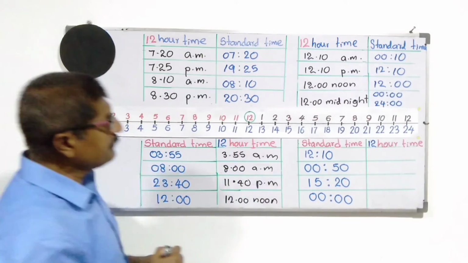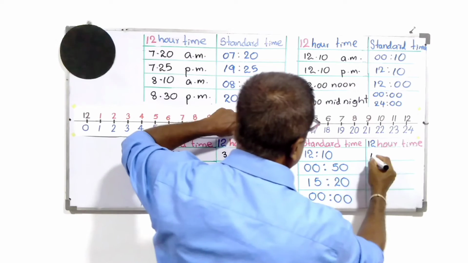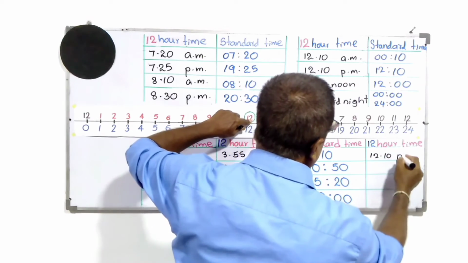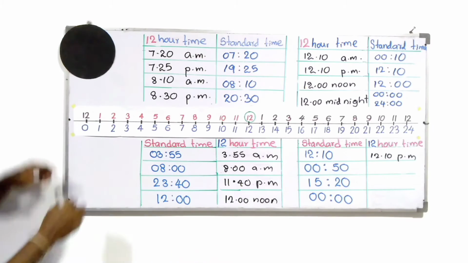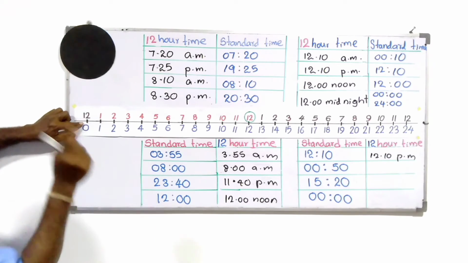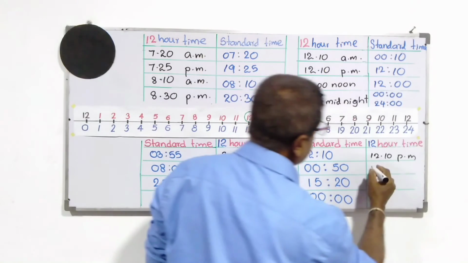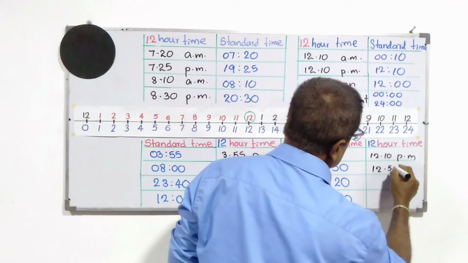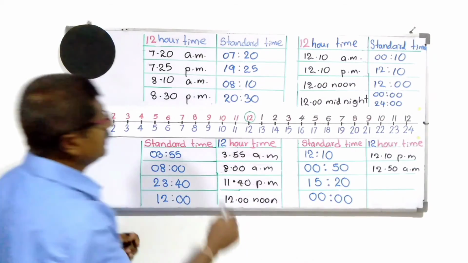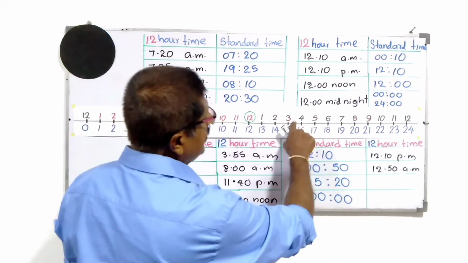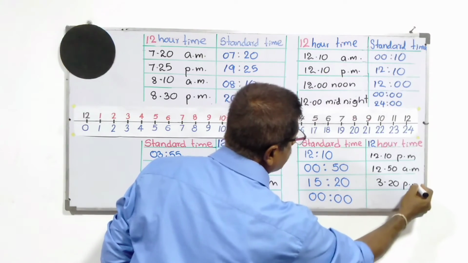12:10. It is in here. That is 12:10 PM. 00:50. Here you are. In 12-hour format, that is 12:50 AM. Then 15:20, that is 3:20 PM.